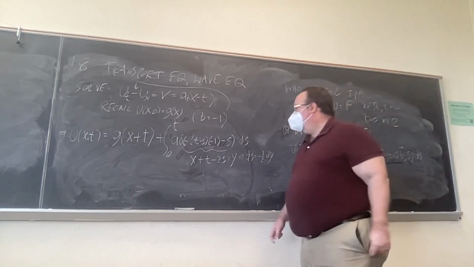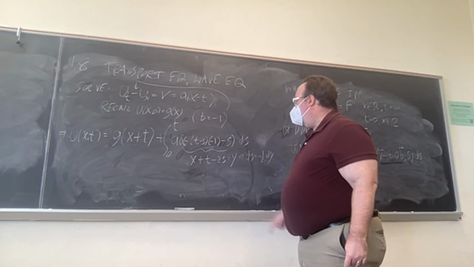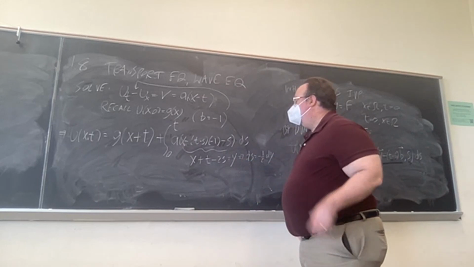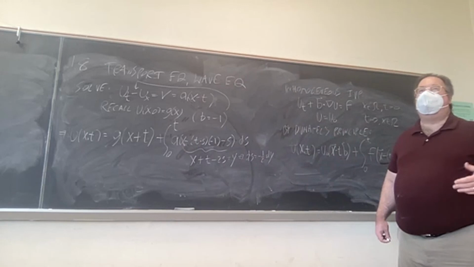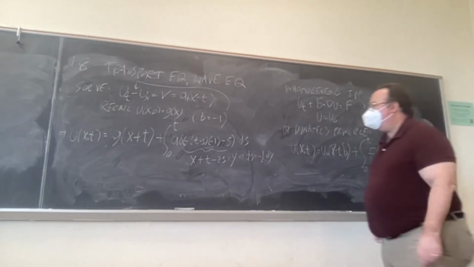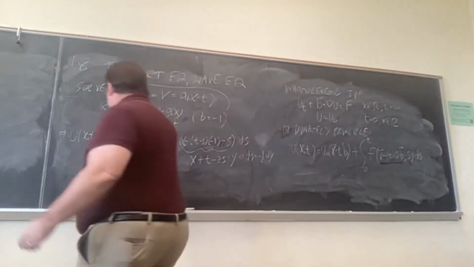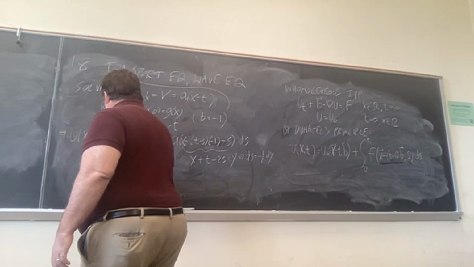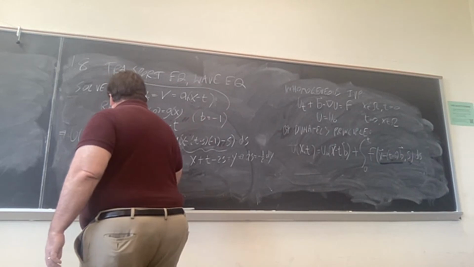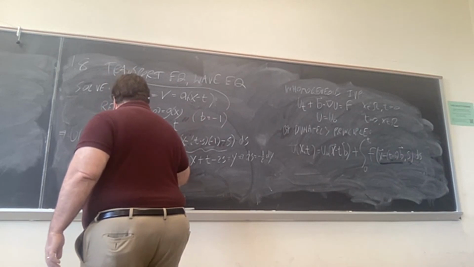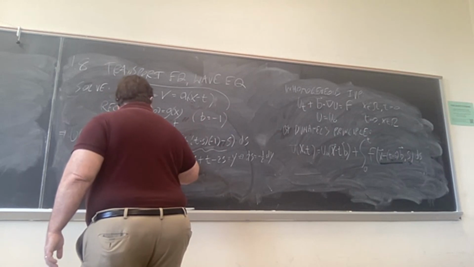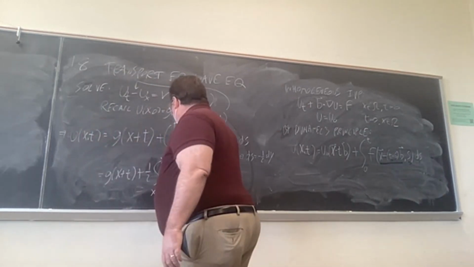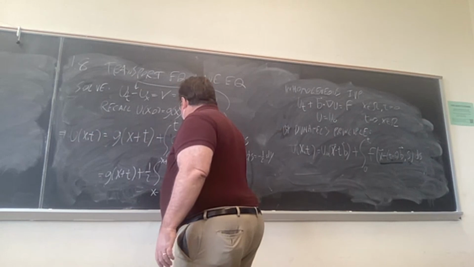Also, if I substitute in s equal 0 or t, then the new limits will be x minus t and x plus t. So this becomes g of x plus t plus 1/2 integral x minus t to x plus t of a of y dy.